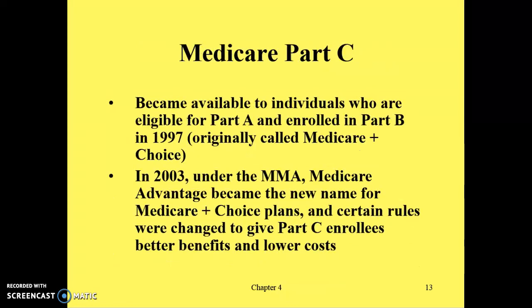Now, Part C is for people who are eligible for Part A and already enrolled in Part B. So they have to have both, and then they can be in Part C. So it's basically what used to be called the Medicare Choice plan.